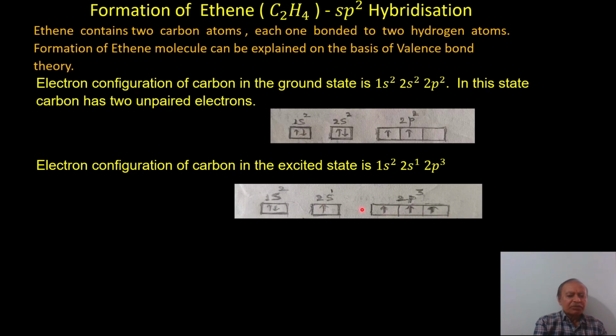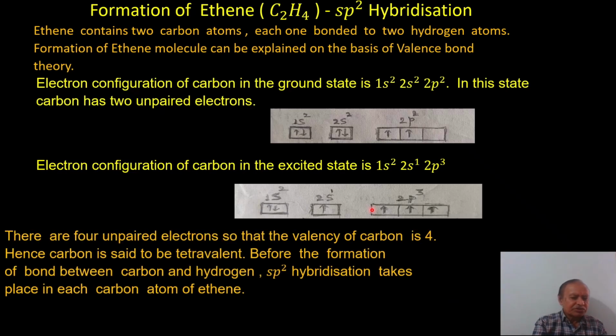There are 4 unpaired electrons in the excited state of the carbon atom, so the valence of carbon is 4, and hence it is said to be tetravalent. Tetra means 4.